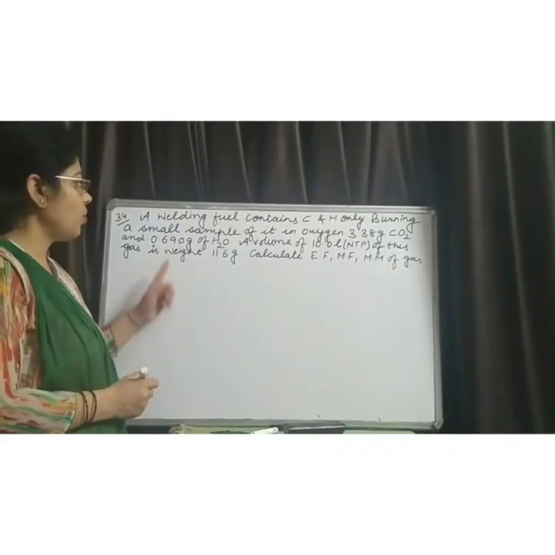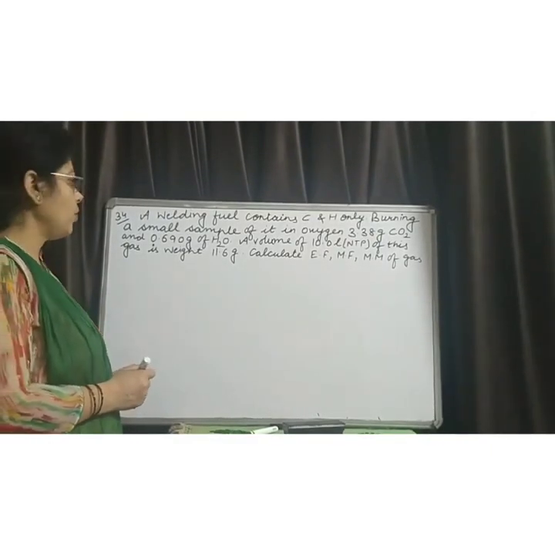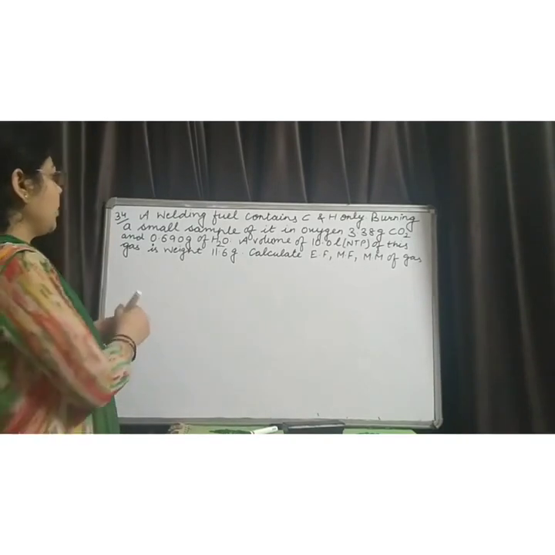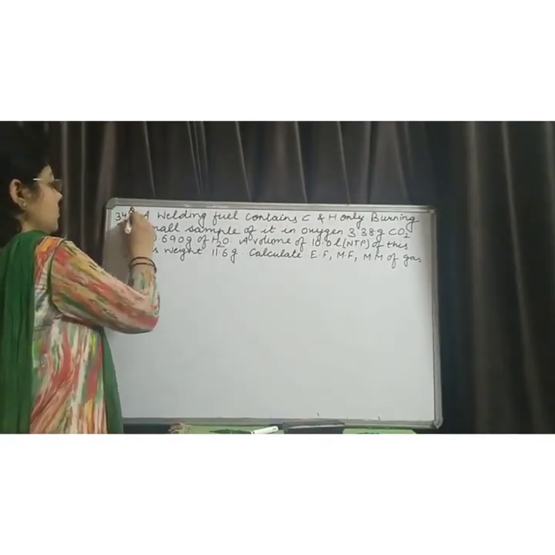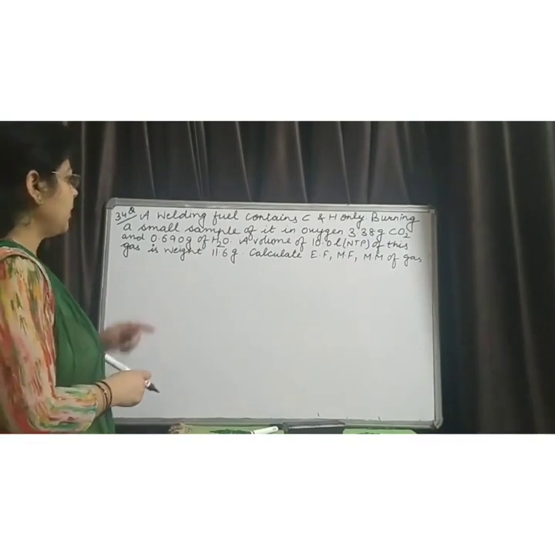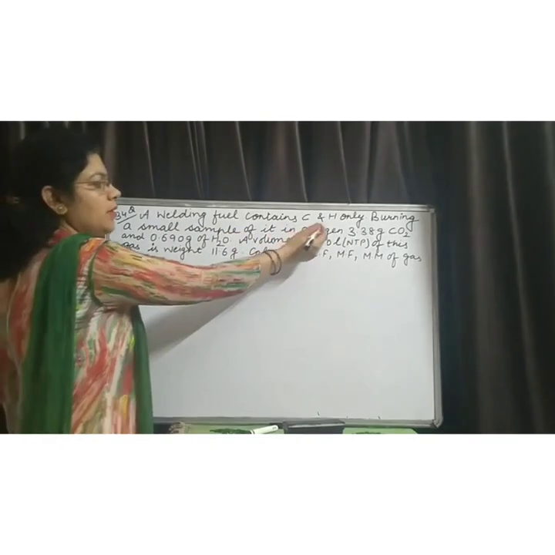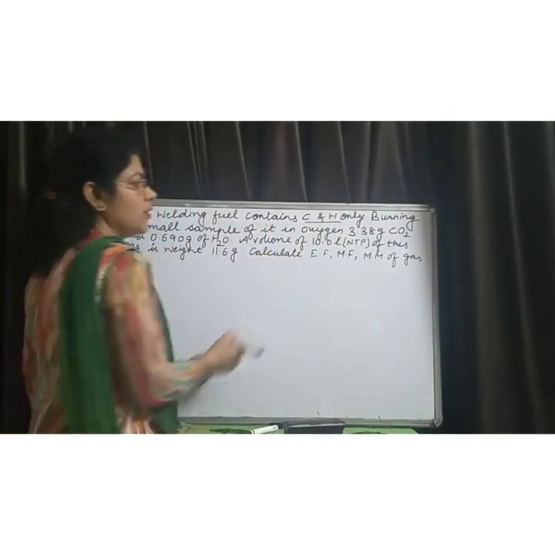Now we solve the next question related to the empirical formula, that is NCERT question 34. In this question, the statement is: a welding fuel contains carbon and hydrogen only.